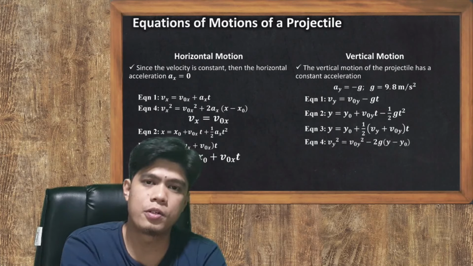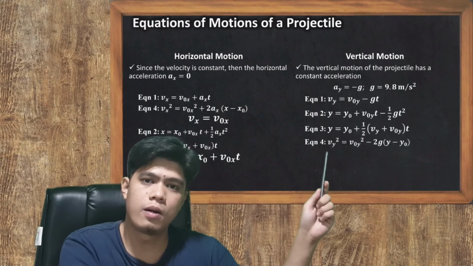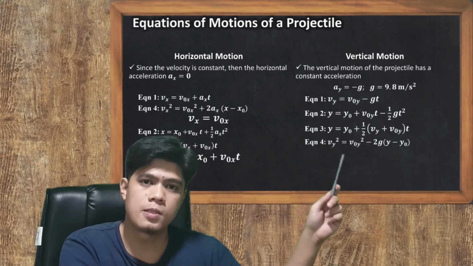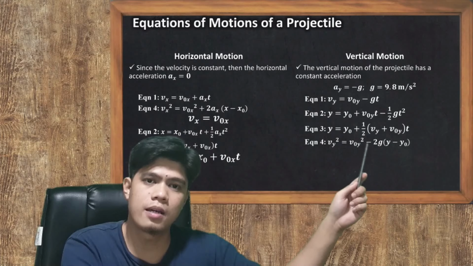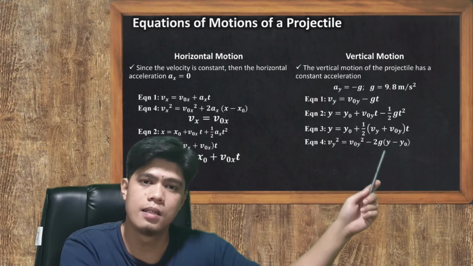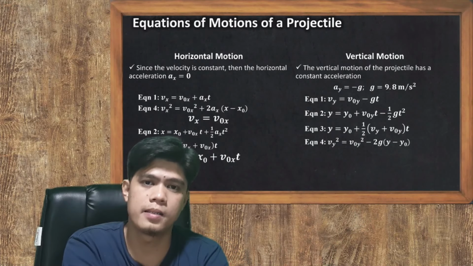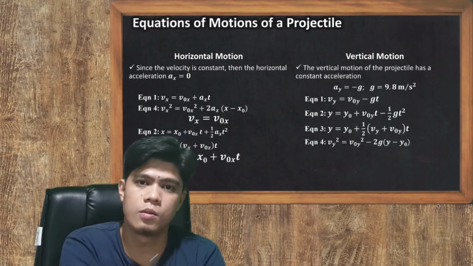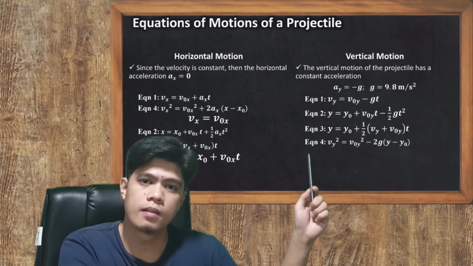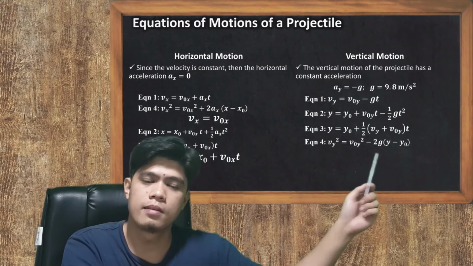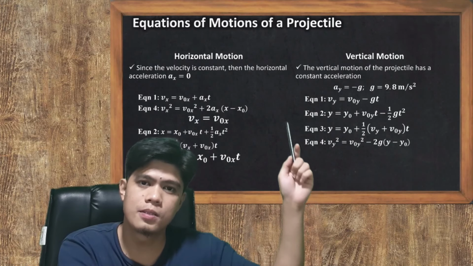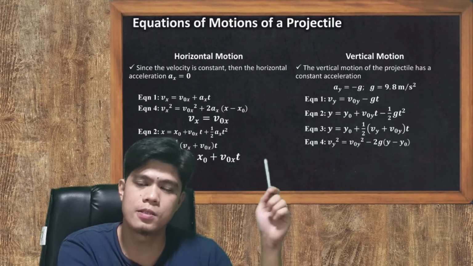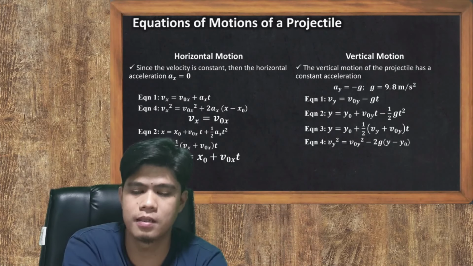And equation 4, we have final velocity vy squared, which is equal to the initial velocity vy squared minus 2 times the gravity times the displacement along y. So in equation 4, it does not involve time. Okay, in solving problems, we will use these equations depending on the situation of the problem.